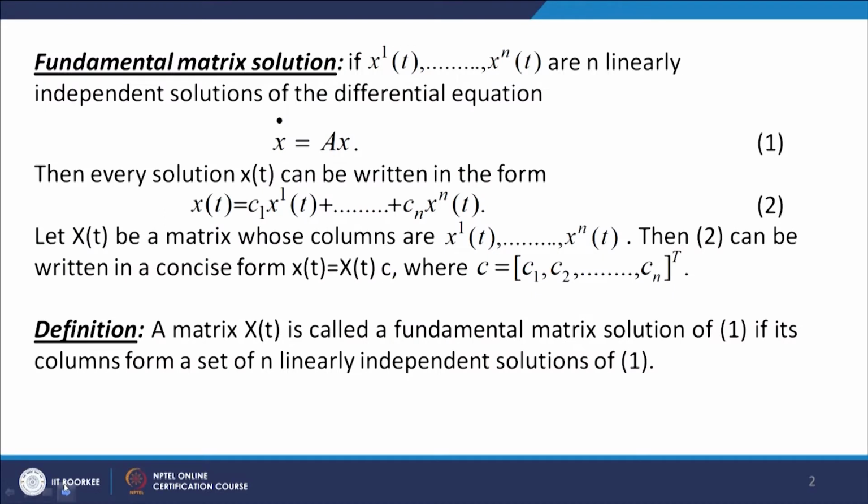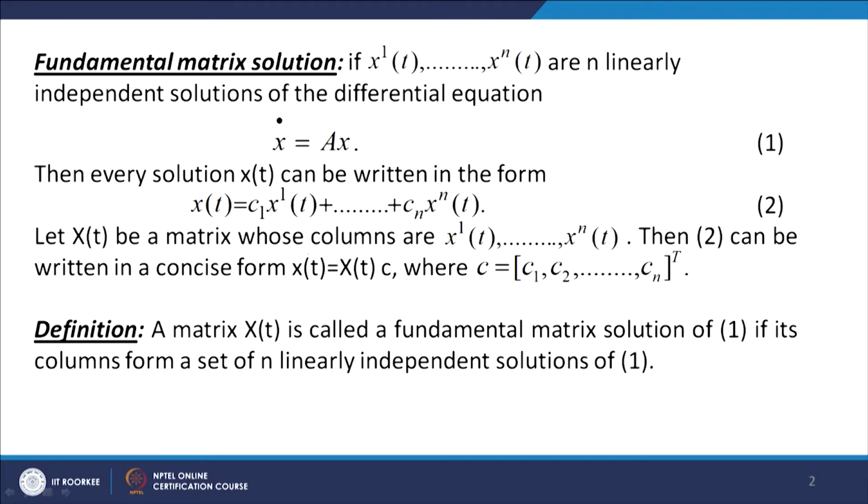Then every solution x(t) can be written in the form x(t) equal to c1 x1(t) plus c2 x2(t) and so on cn xn(t), where c1, c2, cn are constants.